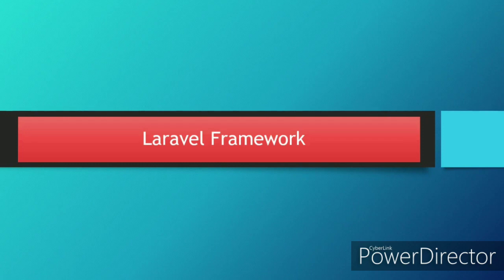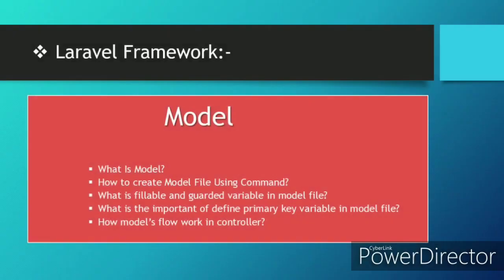In this video, I will teach you brief information about the model, in which I cover what is a model, how to create a model file using a command, what are the fillable and guarded variables in a model file, what is the importance of defining the primary key variable in a model file, and lastly how the model flow works in a controller.